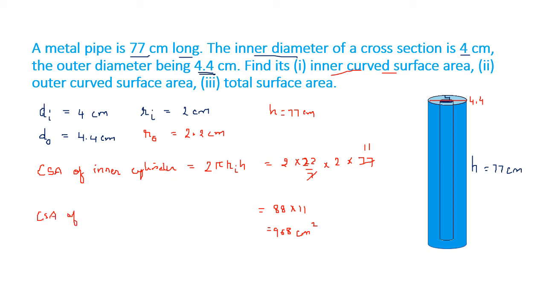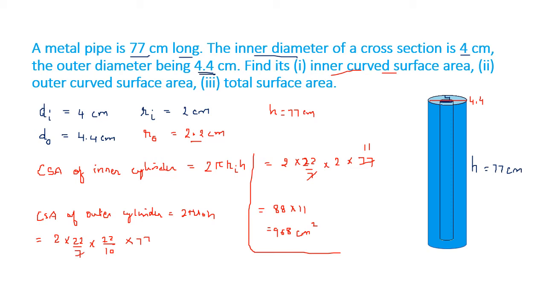CSA of outer cylinder is equal to 2 pi R_O H. This is 2 into 22 by 7 into 22 by 10, because it's 2.2, into 77. So 7 ones are 7, 11s are.